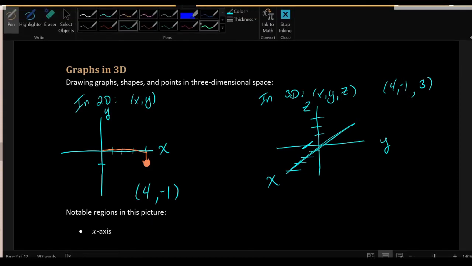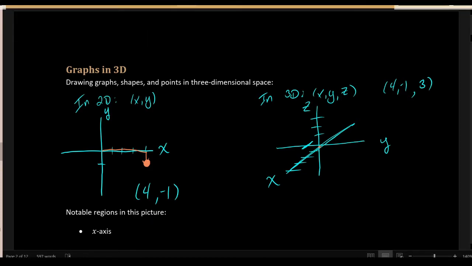So if I follow those directions, I'll go from the origin at (0, 0, 0), 4 units in the x direction, then 1 unit in the negative y direction, and then 3 units straight up. And the final position after following those directions is the point (4, -1, 3).